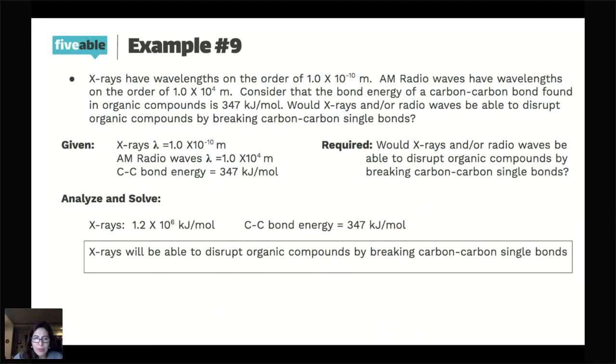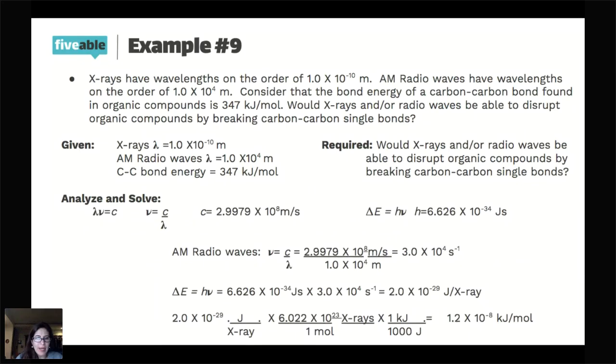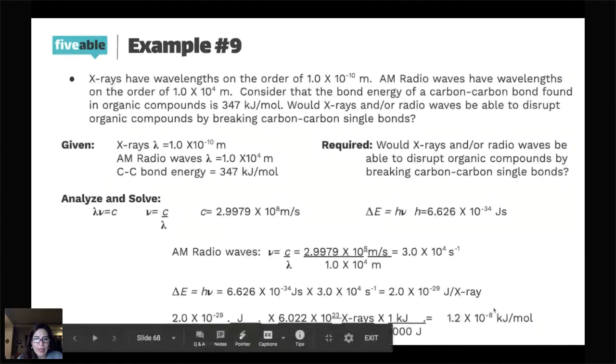Then we have to do the same for AM radio waves. We use the same process, but with the values of AM radio waves, and we get a value of 1.2 times 10 to the power of 8 kilojoules per mole.